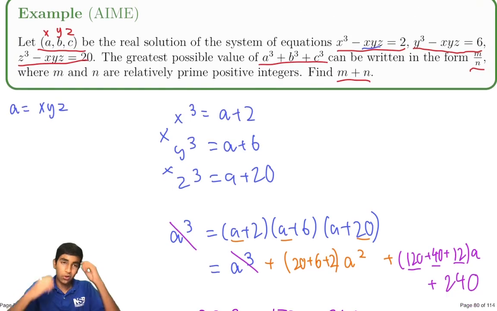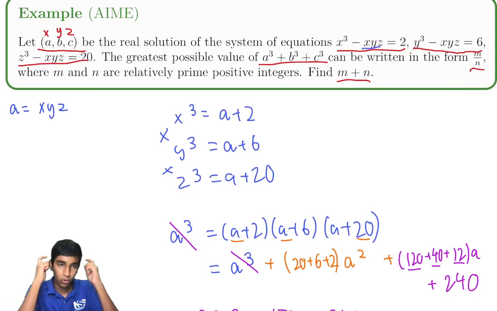What do we want though? Remember, we always want to keep our eye on the ball, what we want. We want the greatest possible value of a cubed plus b cubed plus c cubed. So we essentially want, for the solutions to the equations in terms of x, y, and z, the highest possible value of x cubed plus y cubed plus z cubed. Aha!